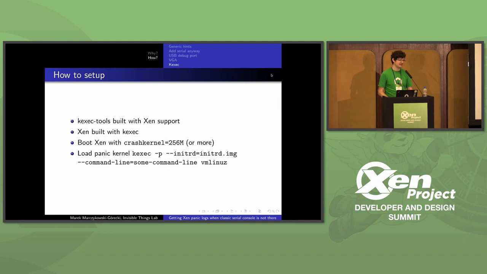Then boot Xen with crashkernel=some size. 256M is enough for a very simple case. On Qubes we have full disk encryption, and 256 is not enough to open the LUKS device if we want to dump into an encrypted partition.